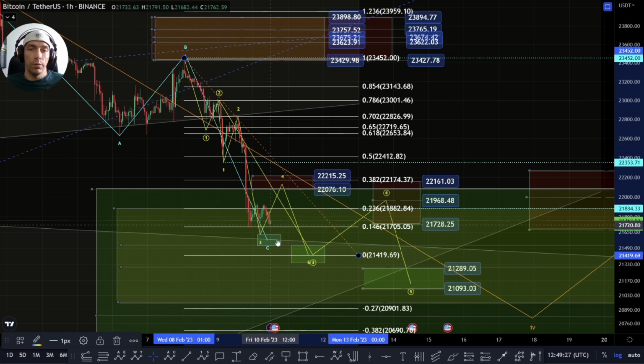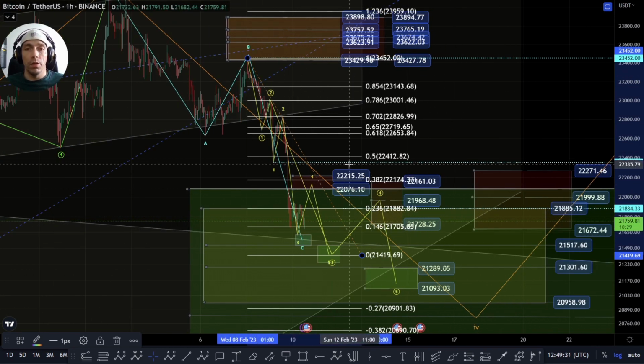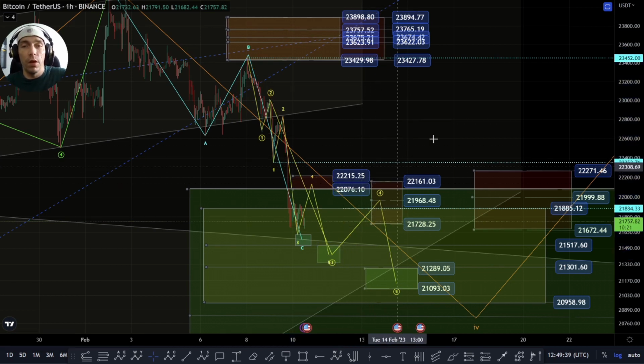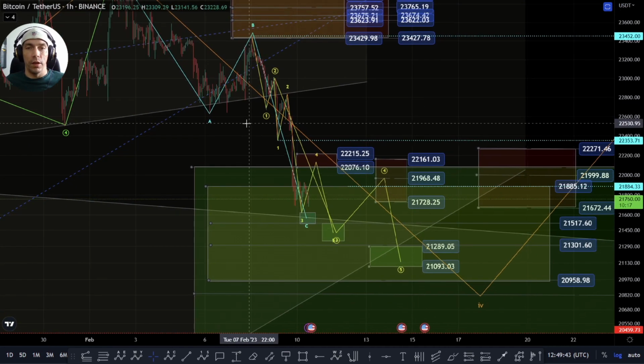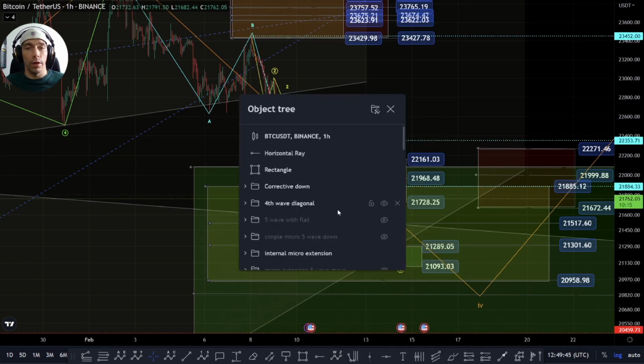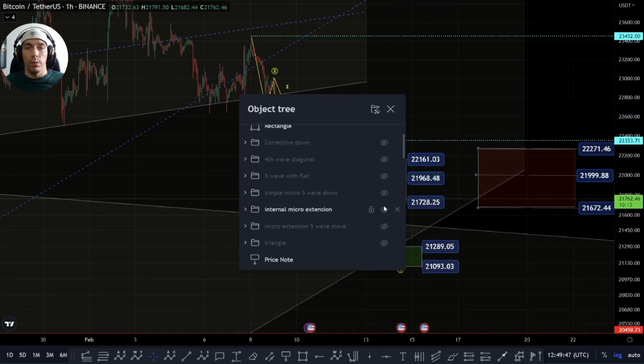This area could offer us a rejection again, and then we could be looking to form a bigger structure. It's not my initial thoughts, but we need to keep an eye on it because this fourth wave still hasn't confirmed yet by starting to form that fifth wave to the upside. So we need to just keep an eye on this because all we have is a three-wave move to the upside currently. Okay, so that is the one way of looking at it.